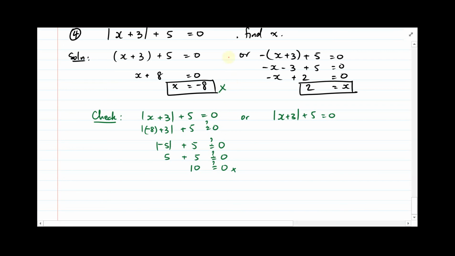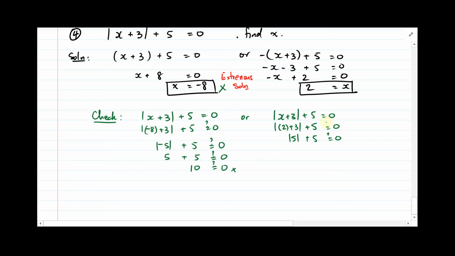This is something that we call an extraneous solution. It's a solution that came about because of probably the method that we're using. All right, let's look at the next one. Let's see if it works. We would have 2 plus 3 plus 5 equals 0. Absolute value of 5 plus 5.